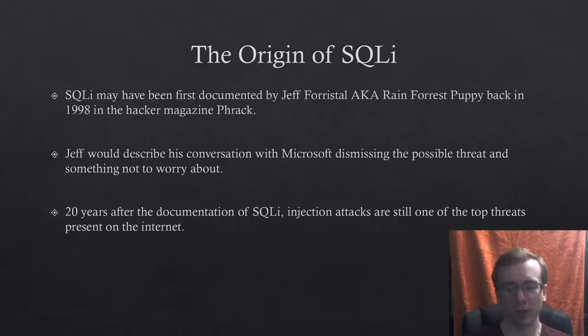As I just described and demonstrated, it is definitely something to worry about. Simply put, 20 years after it was first documented, SQL injection and injection attacks in general are one of the top threats, if not the top threat, on the internet.